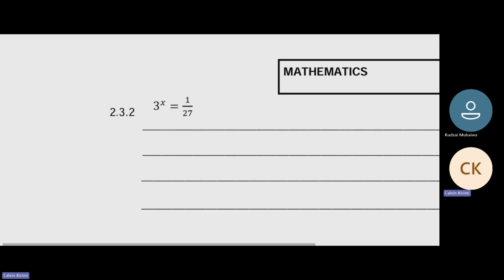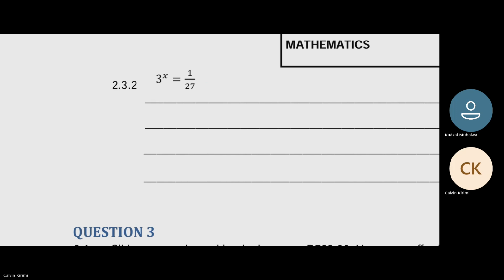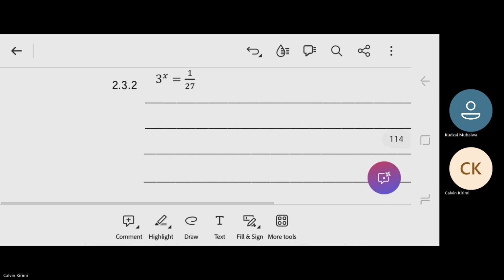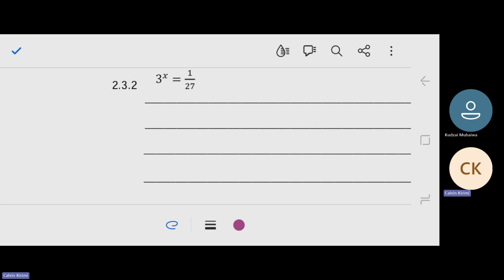Let's go to 3.32. Equations, one equal sign. So left-hand side is 3 to the power x equals right-hand side, 3 to the power what? We are looking for the number.